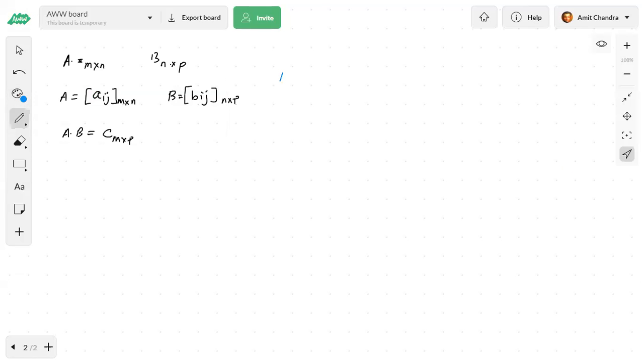So let's first write matrix A. Suppose matrix A is M cross N. So I will write A11, A12, A13 till A1N, because there are N columns. Similarly, A21, A22, A23 till A2N. Similarly, this will go up to AM1, AM2, AM3 till AMN. So this is matrix A.